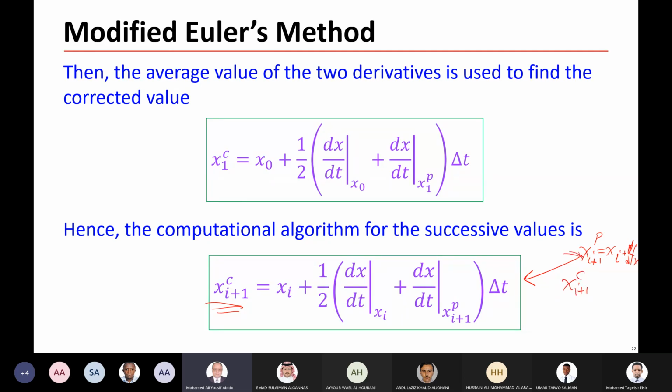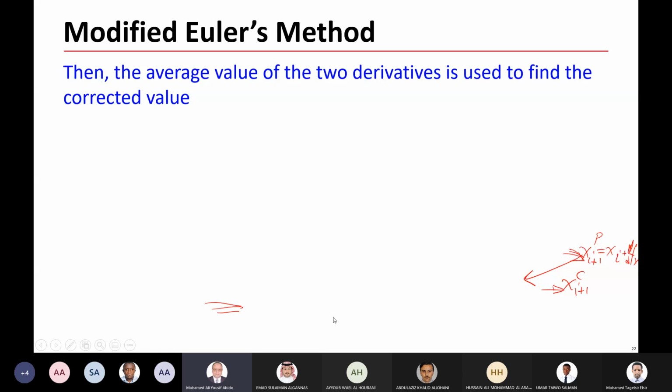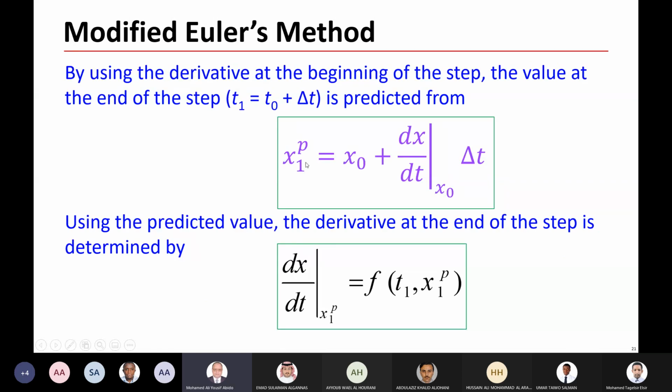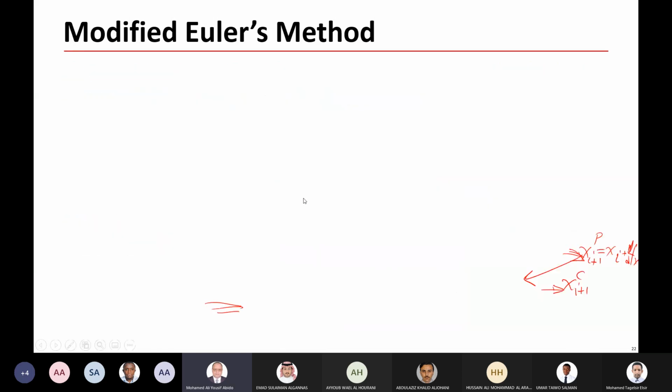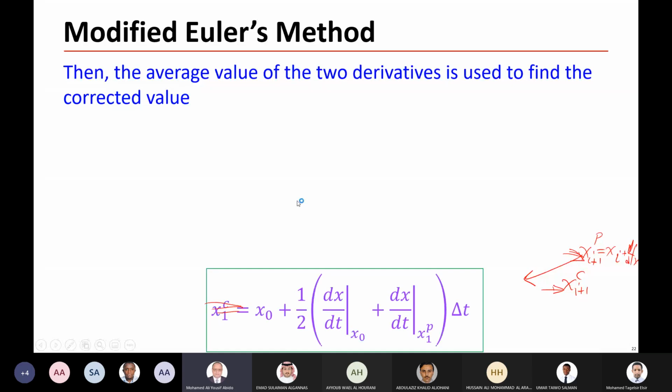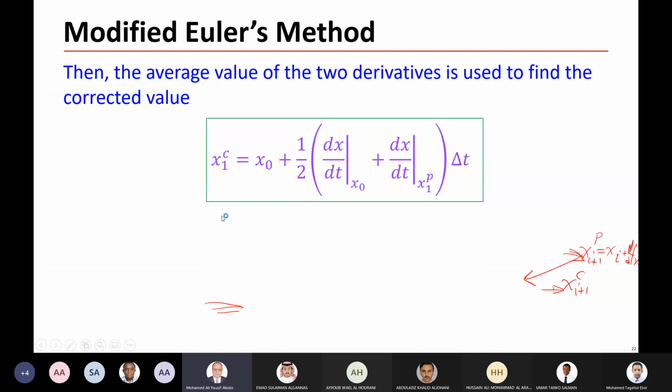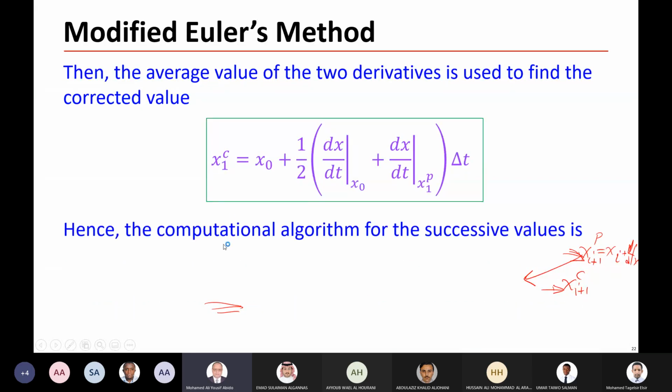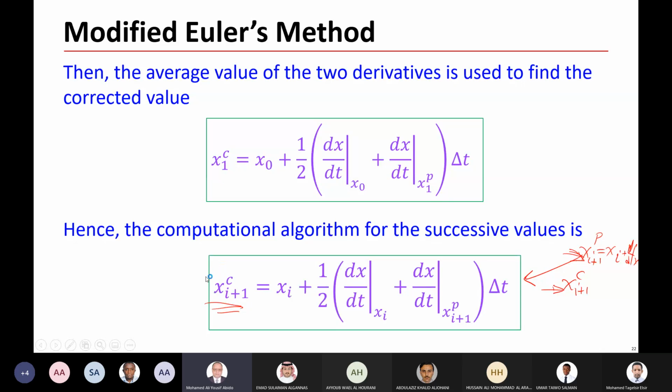So you need to calculate the predicted value and then you correct it. You calculate the predicted and then you calculate the corrected value.